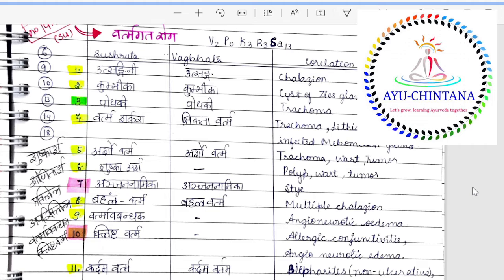And in those 17 Sadhya Vyadhi, there is again a distinction: Chedya are 3, Bhedya are 3, Lekhya are 9 in number, Vedya, there are no Vyadhis that can be cured with Vyadhana Karma, then Ashastrakrita 2. Okay, now we will learn the names of the first 5 Vyadhi. Utsangini, Kumbhika, Pothaki, Vartma Sharkara and Arsho Vartma.